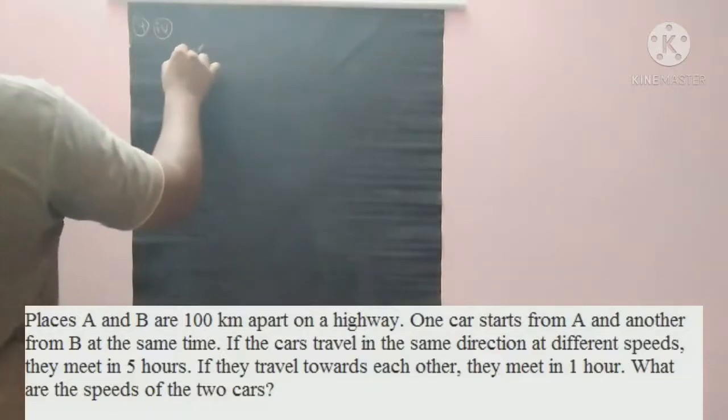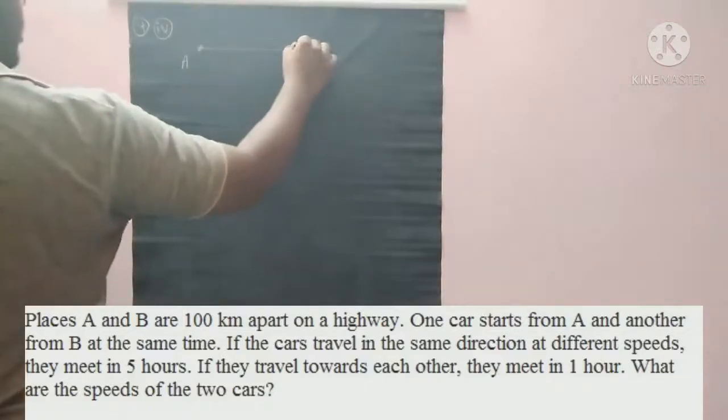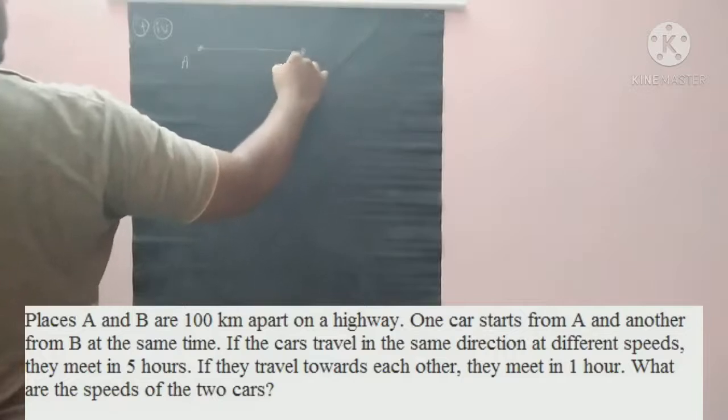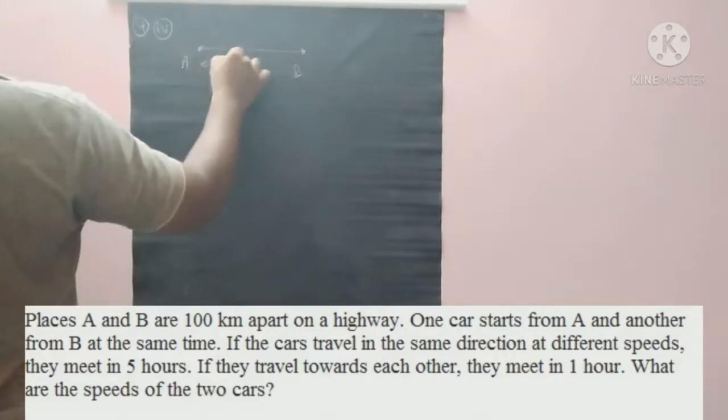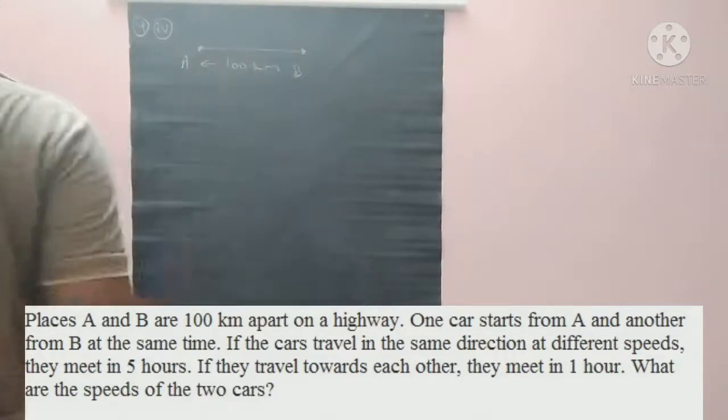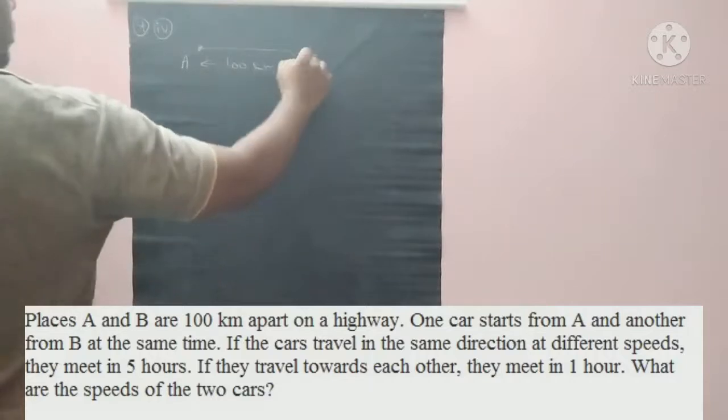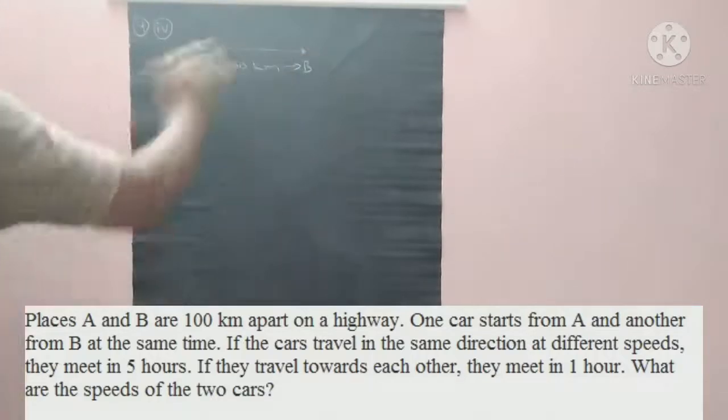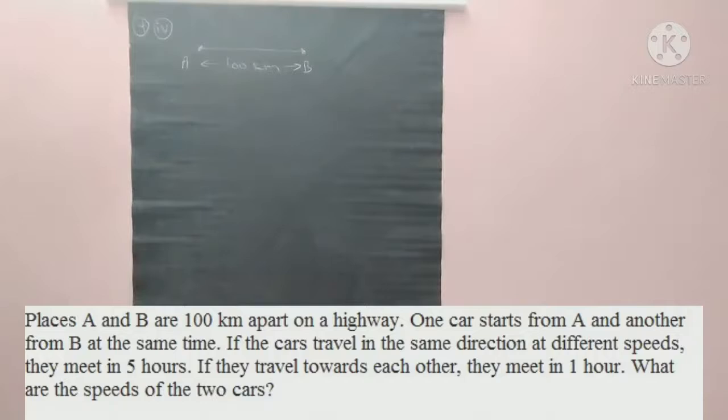In the fourth question, the fourth sub question, places A and B are 100 kilometers apart. Suppose this is A, another place B. So the distance between A and B is 100 kilometers. One car starts from A, another car starts from B at the same time.